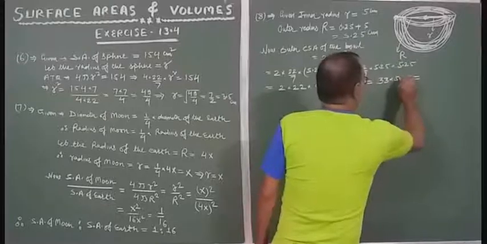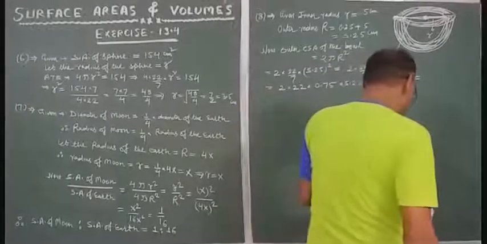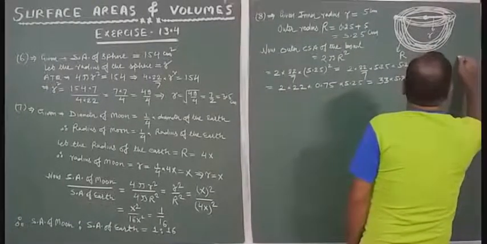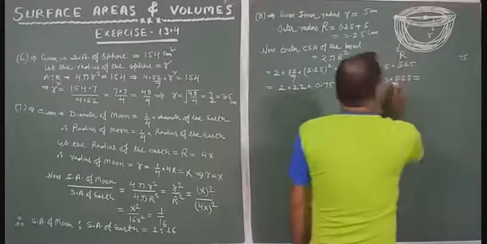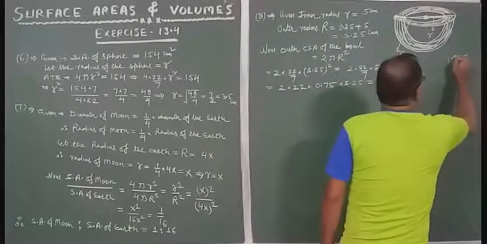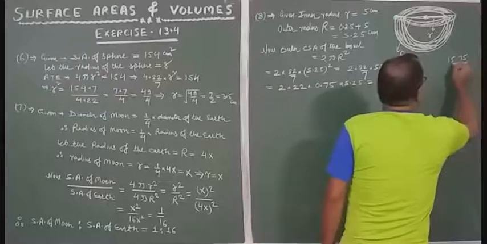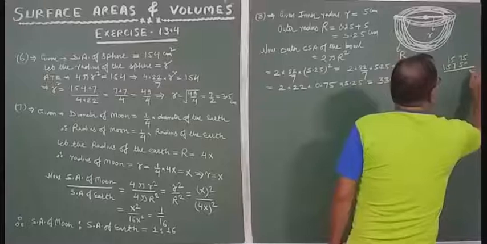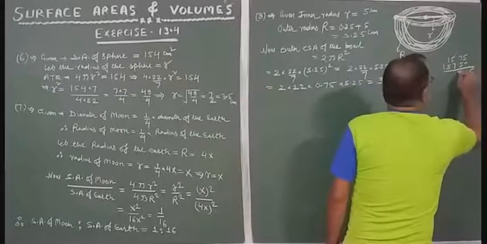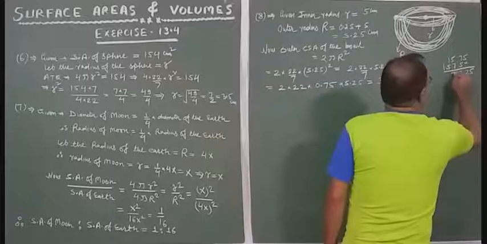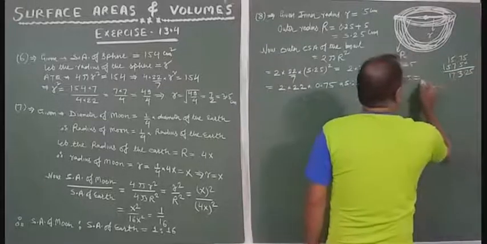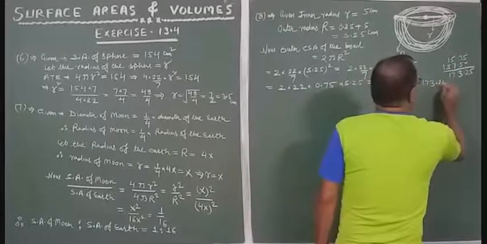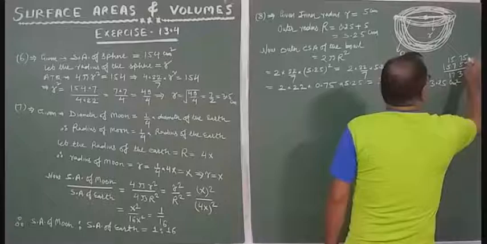Now just multiply them, this will become 15.75 and 157.5, just add them, and we get 173.25 centimeter square.